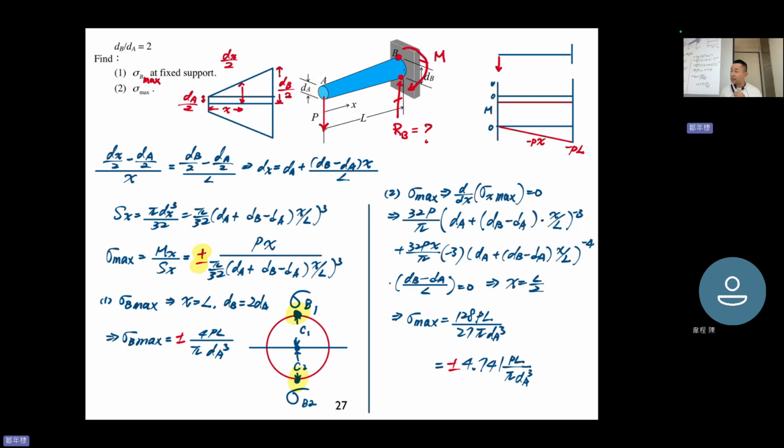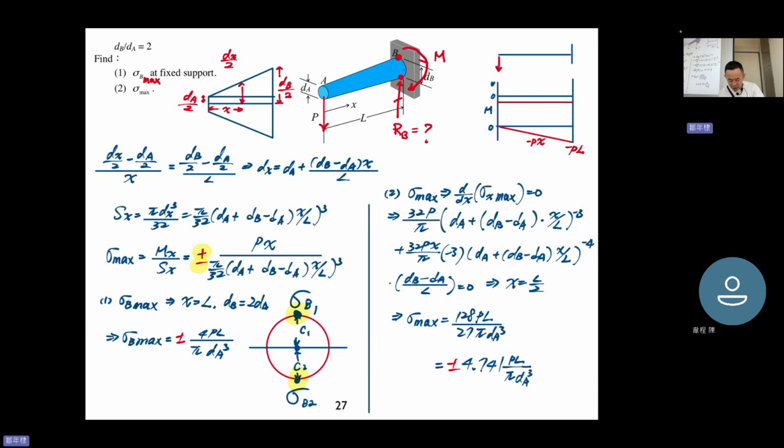You can see that sigma max we can obtain by using the moment M divided by the section modulus Sx.